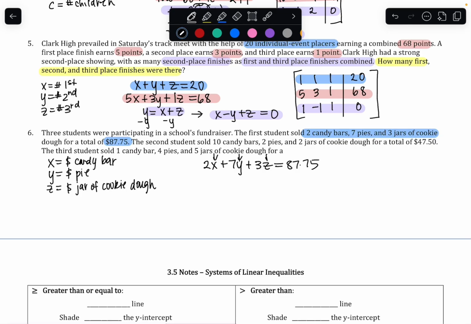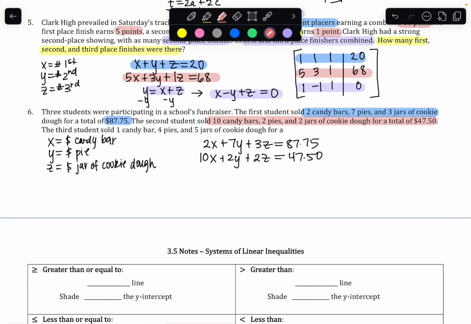Money plus money plus money equals total money. Okay, and then the second student, 10 candy bars, 2 pies, 2 jars of cookie dough for a total of $47.50. So 10 candy bars plus 2 pies plus 2 jars of cookie dough for a total of $47.50.